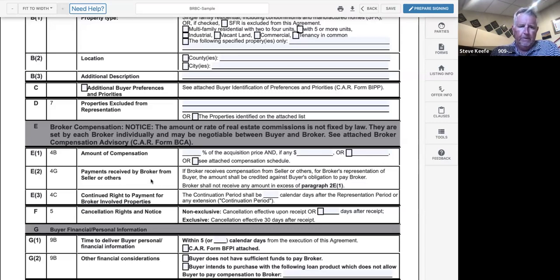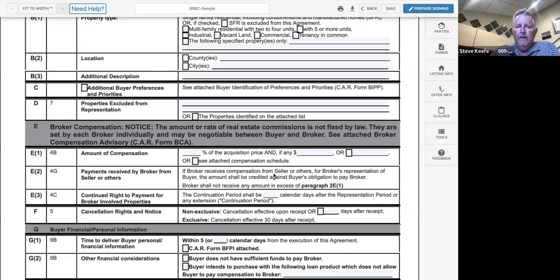Under E2, payments received by broker from seller or others. What this basically is telling the buyer, and you'll want to emphasize this with them, is that anything paid by other parties counts. So if you receive compensation from the other broker, or if you receive compensation from the seller, that amount is deducted from the amount that is written on paragraph E1, which is what the buyer owes.